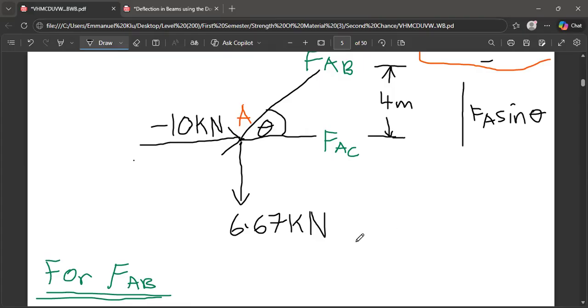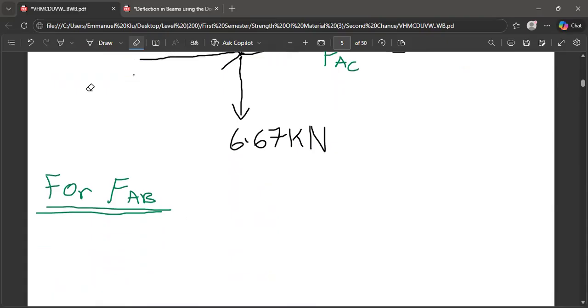Okay, so due to that, to get the resultant force, we have to add them. So 6.67 plus, because this one is moving in the vertical direction. Okay, so let's also add the one that is moving in the vertical direction internally. Okay, so let's add it, and that is going to become 6.67, but not just 6.67, because it's pointing down, it means that it is negative.